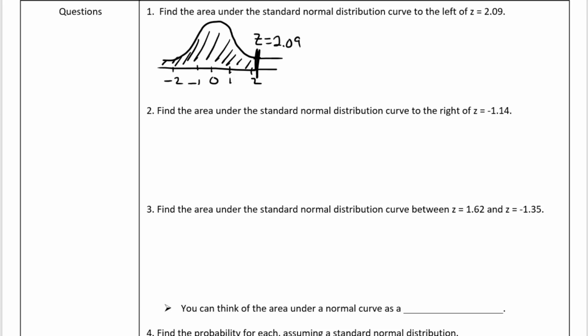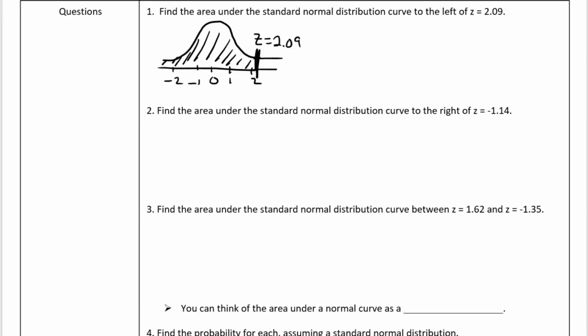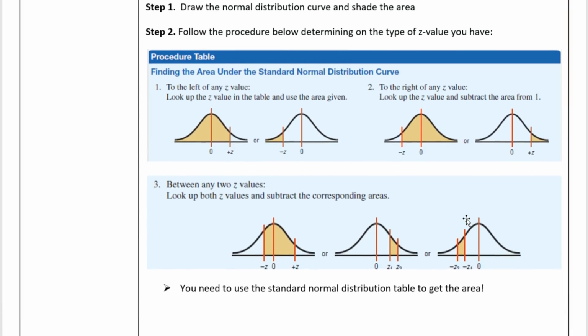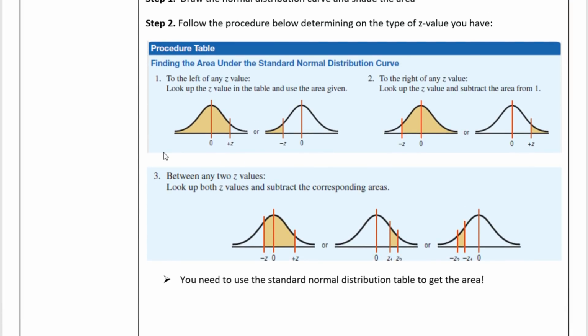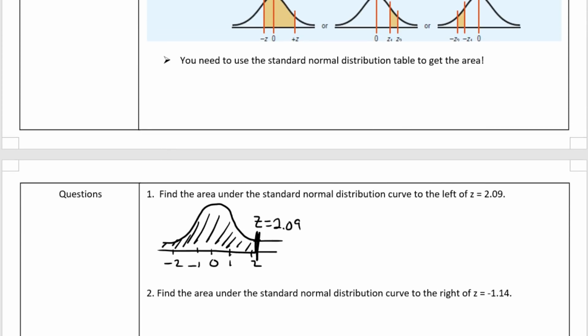All right, how do we find that area? Well, we're going to use the method given above. It says to the left of any z-value, you're going to look up the z-value and then use the area. Okay, so we're going to look up the z-value.